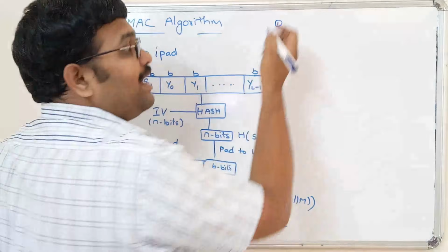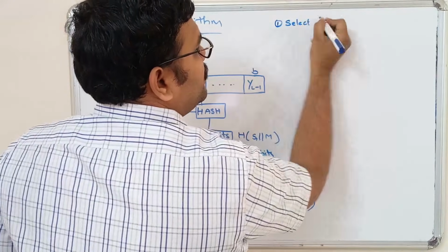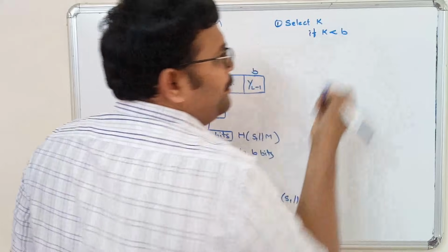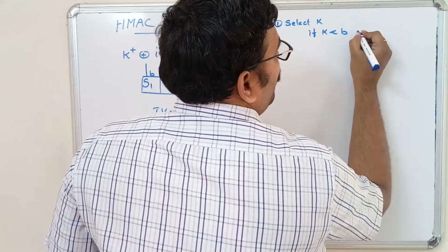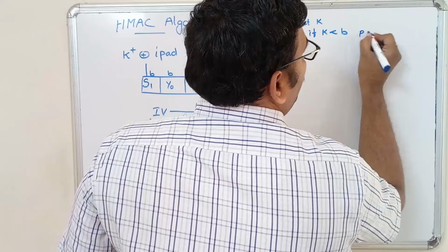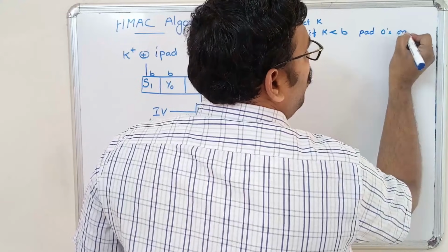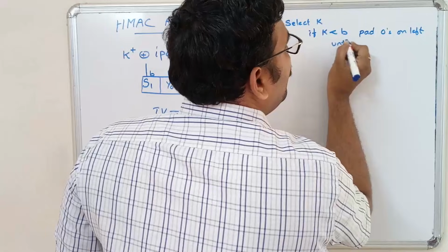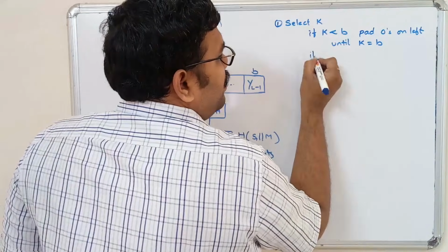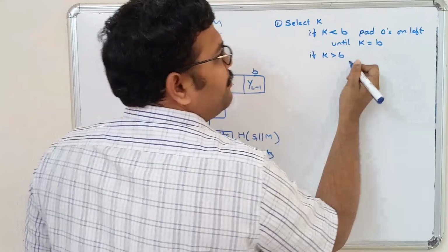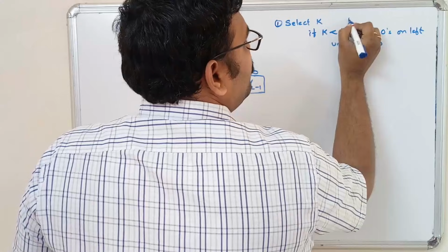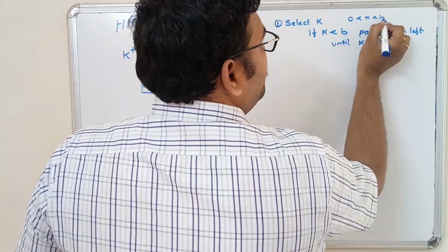First, select the key. If key is less than B, pad zeros on left until K is equal to B. If K greater than B, here we have to take care that K must be in between 0 to B, right?